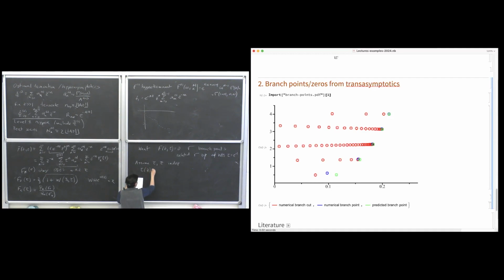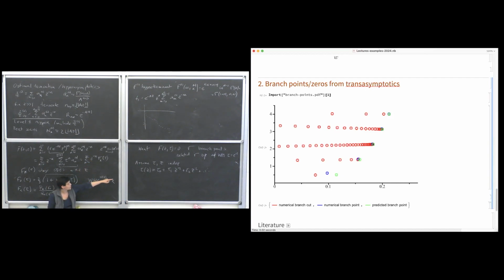I say tau of z is going to have some tau 0 plus tau 1 z^-1 plus tau 2 z^-2, etc. So what I want is to find an asymptotic expression for tau such that it solves my fz tau equals 0. Remember that these fk's are higher in z.